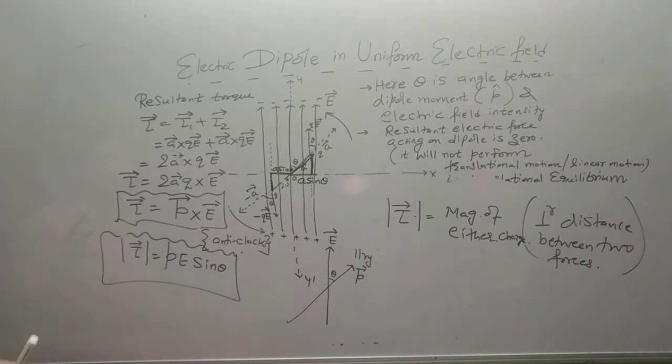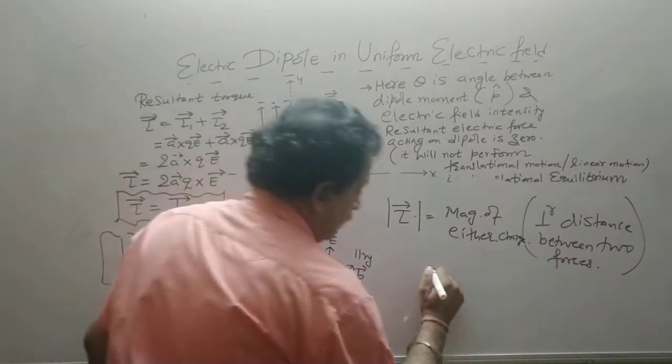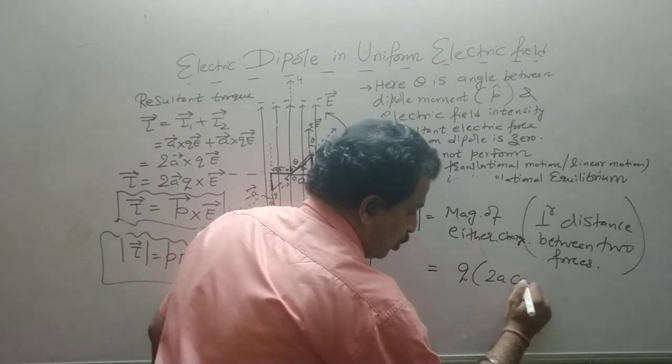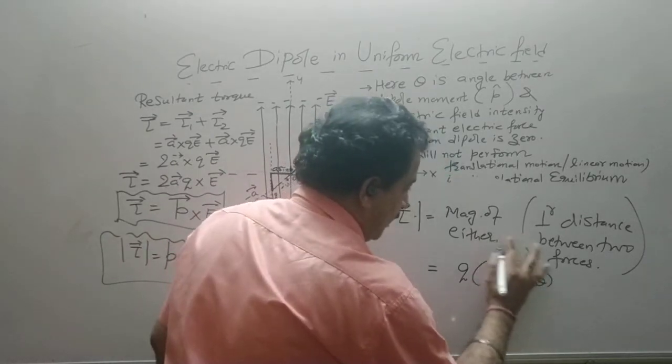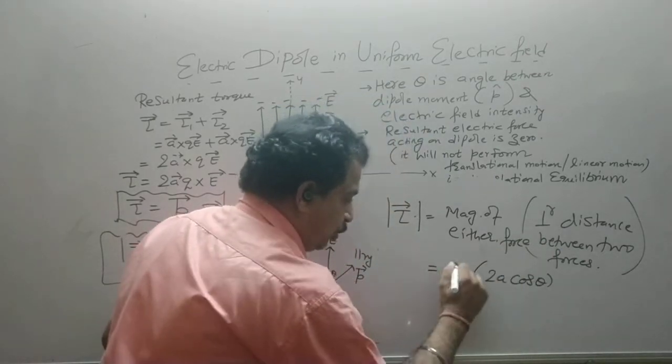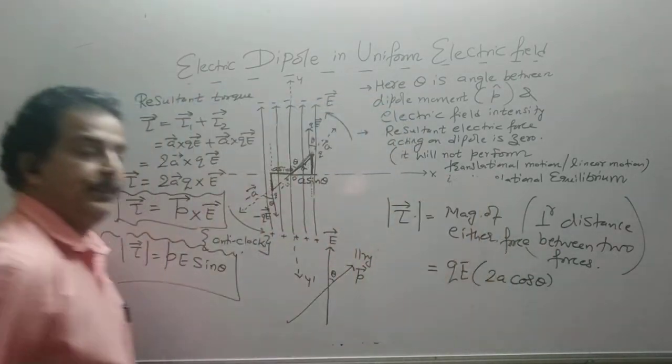So what is the magnitude of either charge? That is equal to Q, and the perpendicular distance is 2A sin theta. So the magnitude of either force is QE.